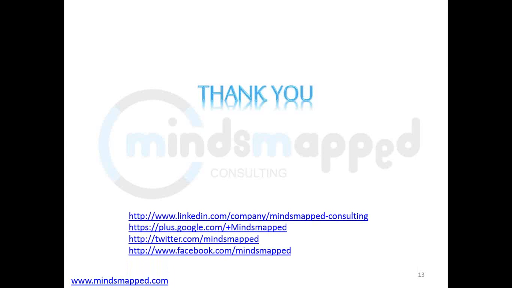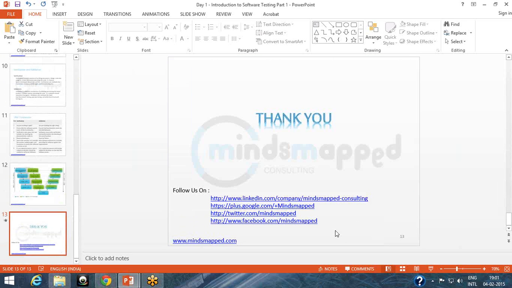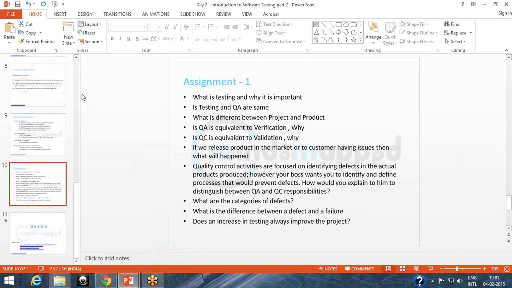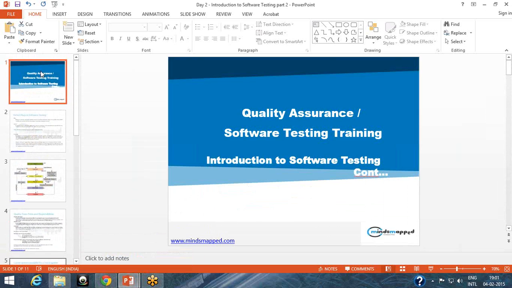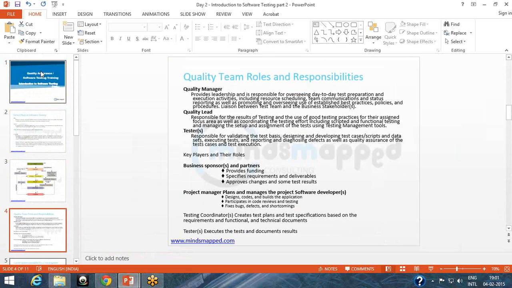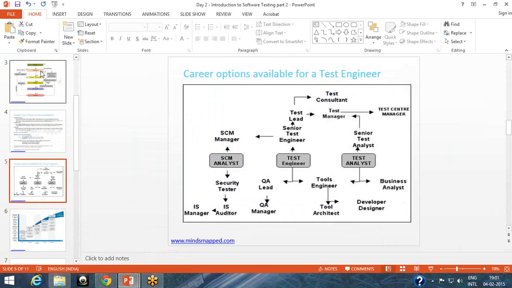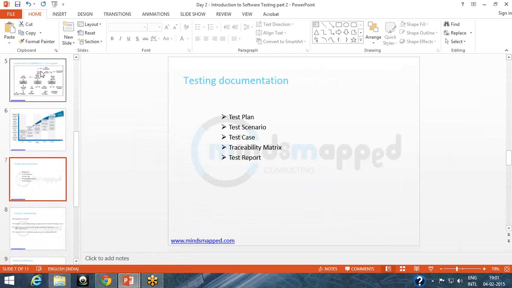So we'll take a quick break of 5 minutes. Now it is 7 p.m. MST, so we'll catch up at 7:06. Is that okay? I have a couple more topics to finish, which talk more about your defect life cycle, the career, the quality team and roles and responsibilities, the different certifications, and the testing documents.